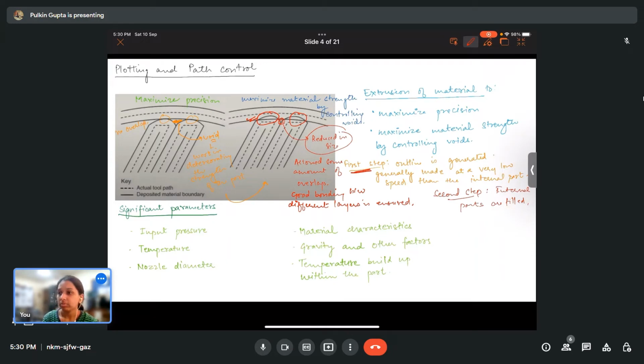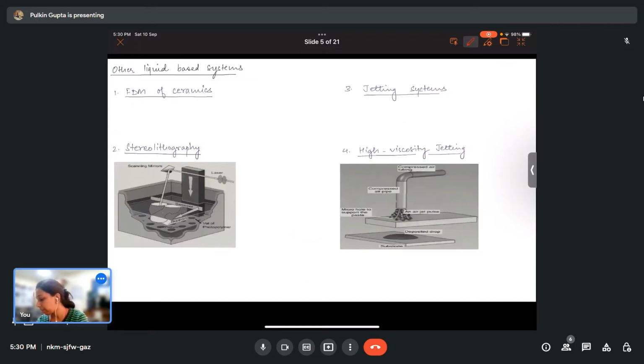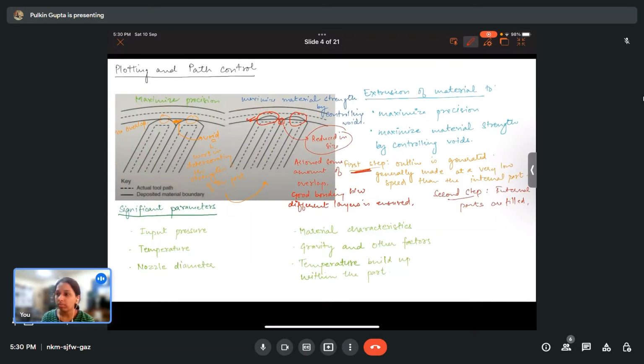Now we can notice that this precise control of extrusion, as to where to extrude, where not to extrude, is a complex function of multiple parameters, and these parameters can be input pressure, temperature, nozzle diameter, material characteristics, gravity and other factors, and temperature that is built up within the part. Okay, so we'll see how each variable affects this one by one.